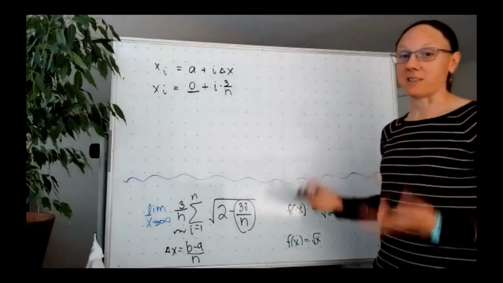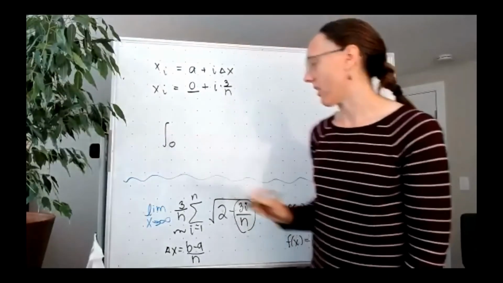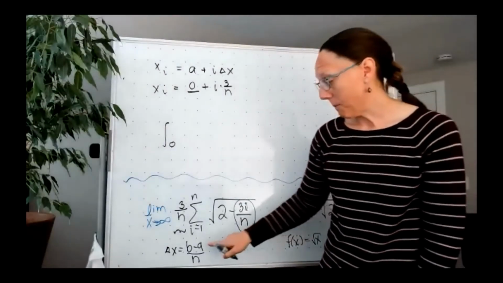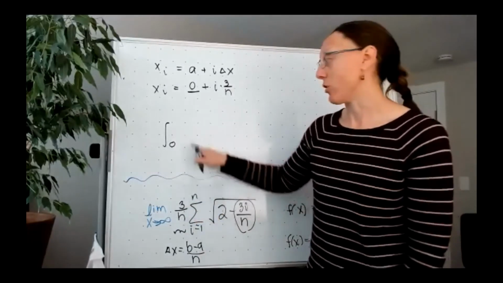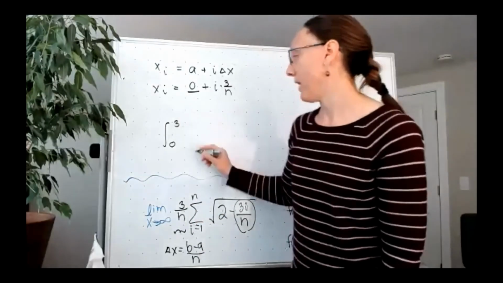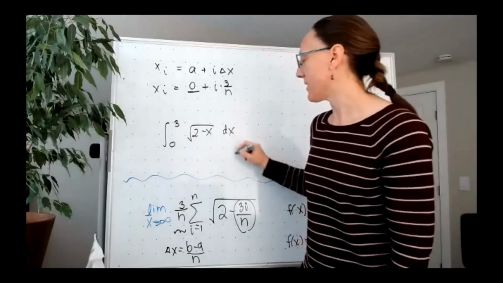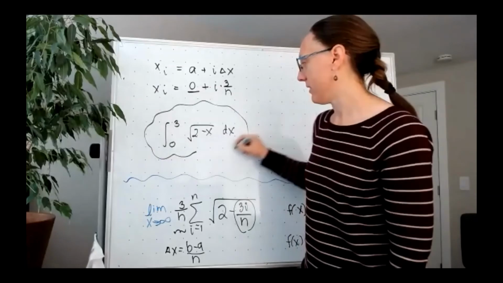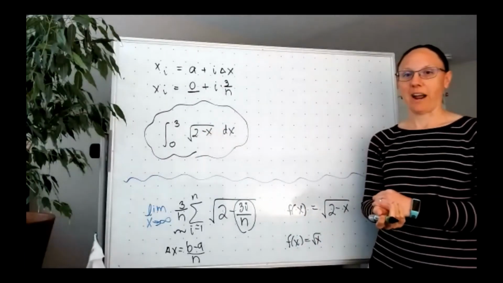Which means that if we express this as an integral, my a is 0. The width of that entire interval has to be 3. So this would be the integral from 0 to 3 of the square root of 2 minus x dx. And that is perfect and correct.